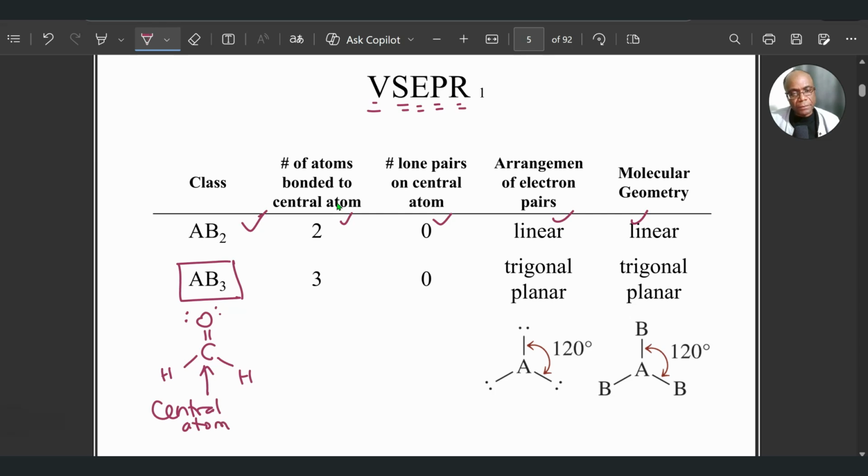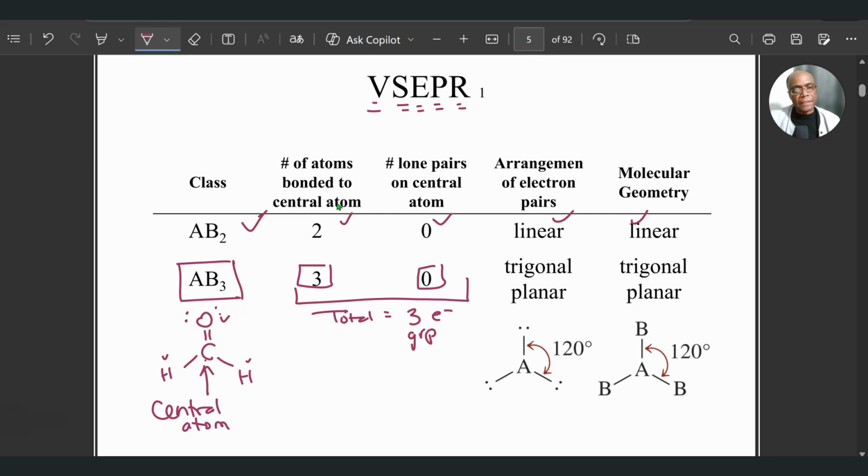If you want to determine the shape of this, you're probably going to follow these steps. The number of atoms bonded to the central atom is 3. Oxygen, hydrogen, hydrogen, so 3. Do you have any lone pair on the central atom? No. And then this will give you the total number of electron groups, which is going to be 3.